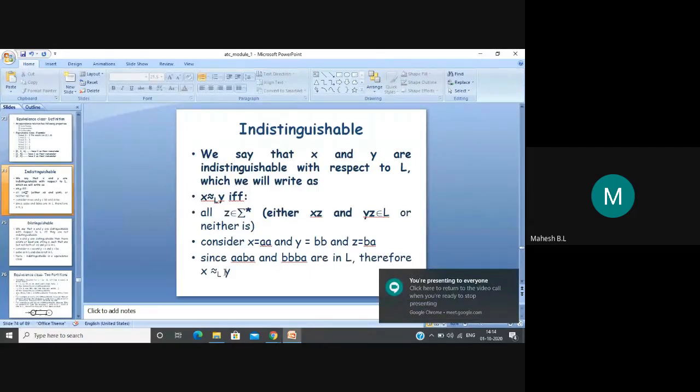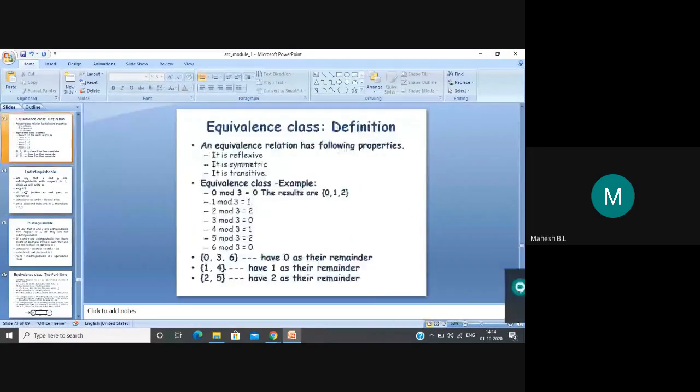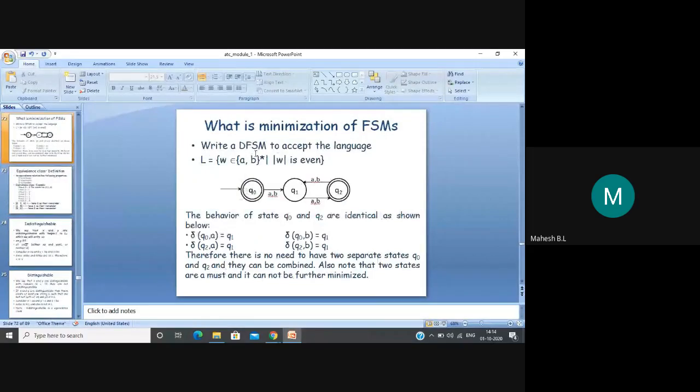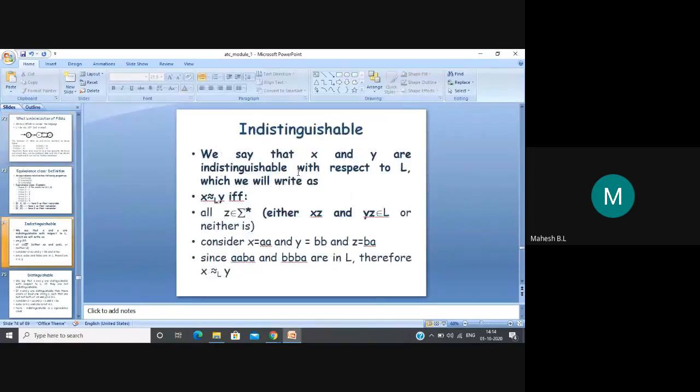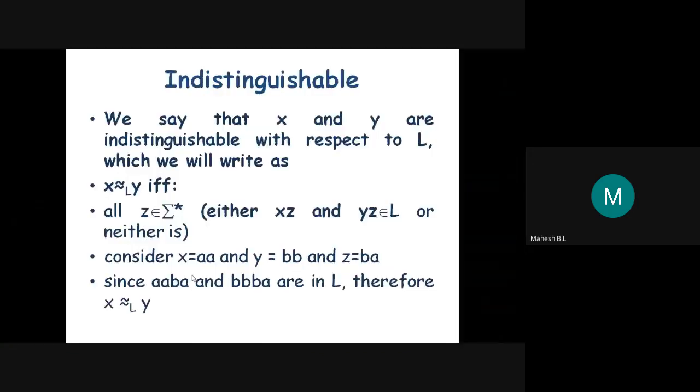So we are considering the language for the alphabet A comma B where length of w is even. Since AABA and BBBA are in L, therefore x is indistinguishable from y in L. So that is the definition of indistinguishable.